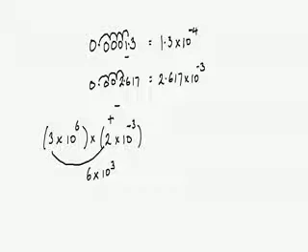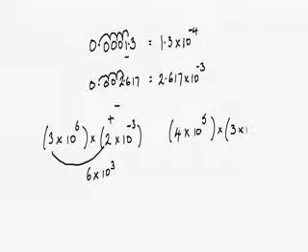So let's give you another one. So let's say we've got 4 times 10 to the power of 5 times 3 times 10 to the power of minus 3. So we multiply like with like.